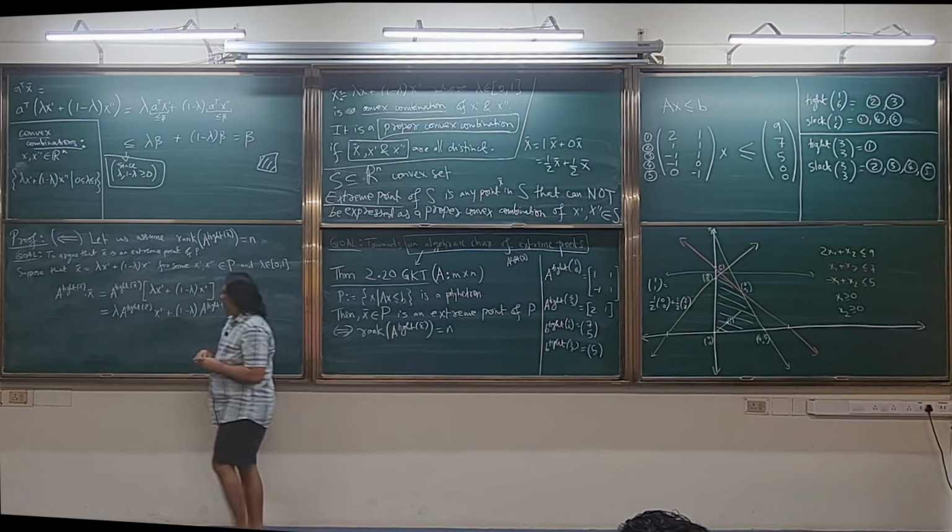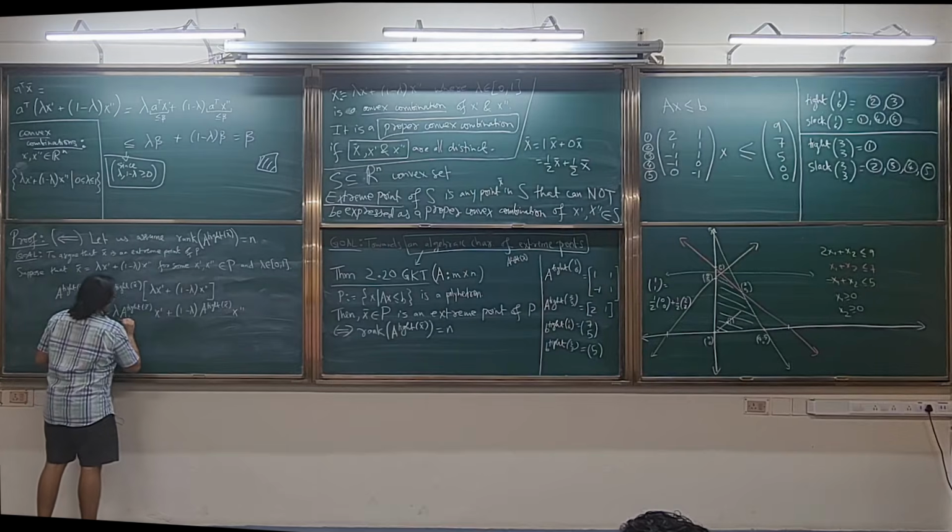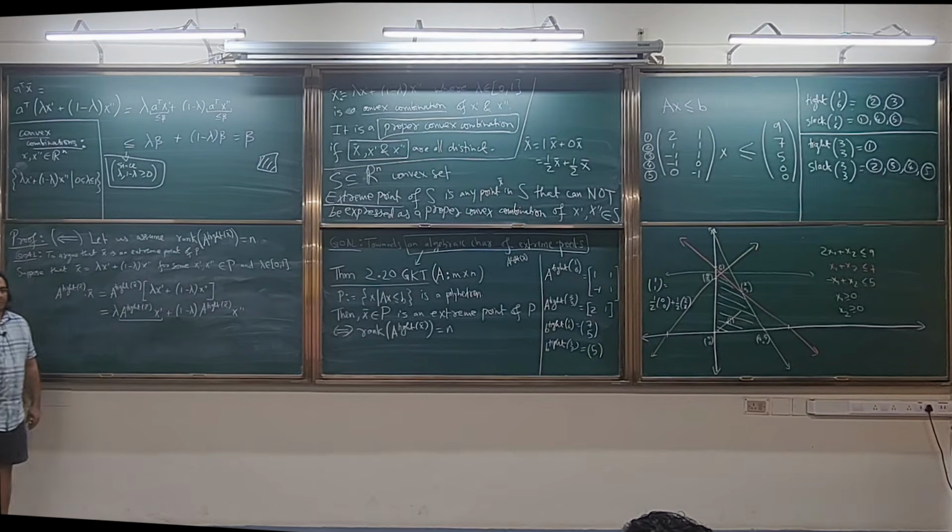So what can we say about this quantity? Since x prime is in the polyhedron, less than equal to b tight.